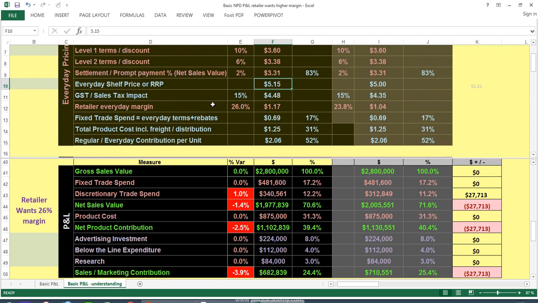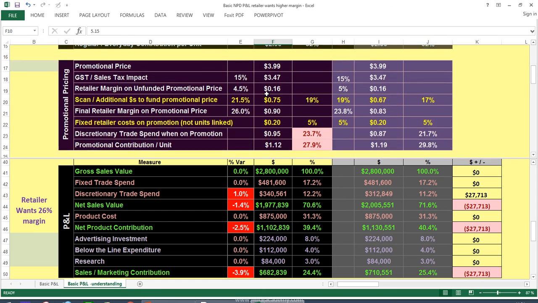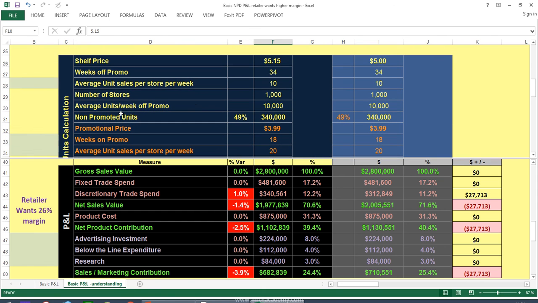So $5 is a critical price point. Now you've gone over that price to $5.15. What's going to change? Your average unit sales per store per week when off promotion might drop to 9. So when that drops to 9, your gross sales declines quite rapidly, and your P&L now starts looking $98,000 negative, because your discretionary trade spend's still there.